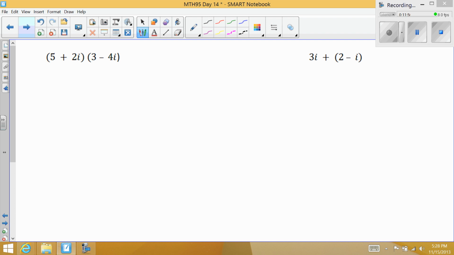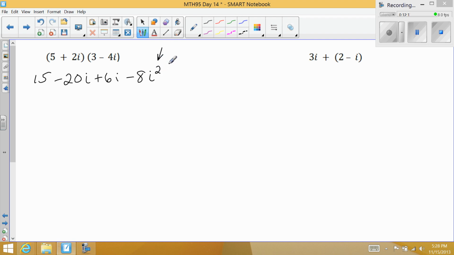Okay, multiplying. We're going to have to do some foiling here because we're taking essentially a binomial times a binomial, since they're two-part numbers. If we foil here: 5 times 3 is 15, 5 times the subtract 4i is a subtract 20i, 2i times 3 is 6i, and 2i times -4i would be -8i squared.